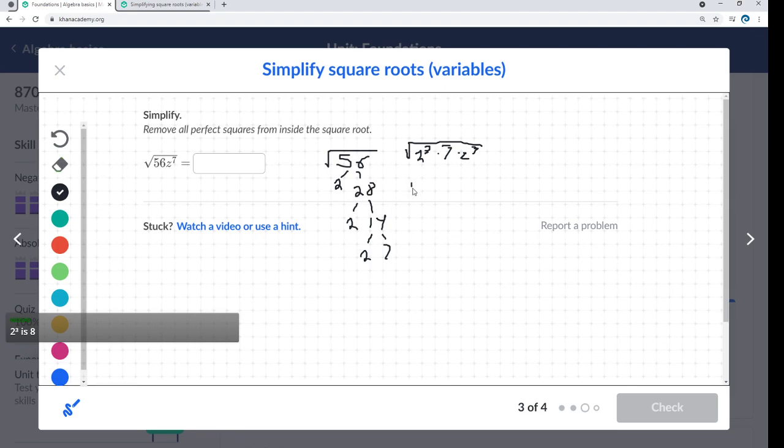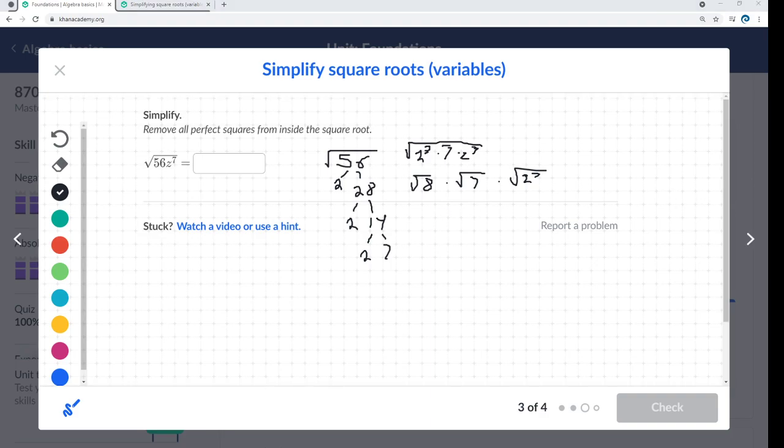So it's the square root of 8 times the square root of 7 times the square root of z to the 7th. So basically what we have now is 3.